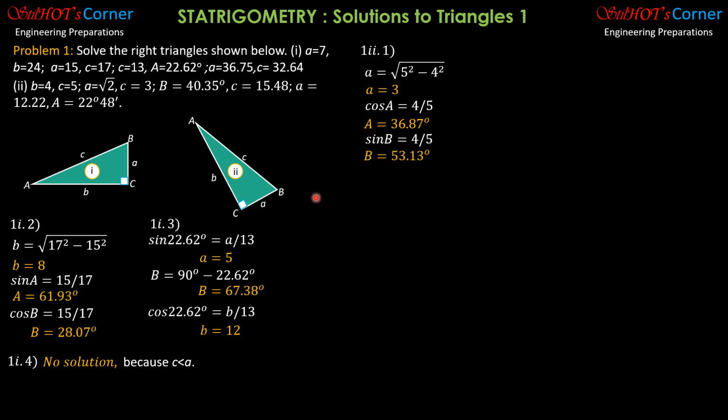So angle B is 53.13 degrees. Notice that if we add A and B, the sum is 90 degrees.